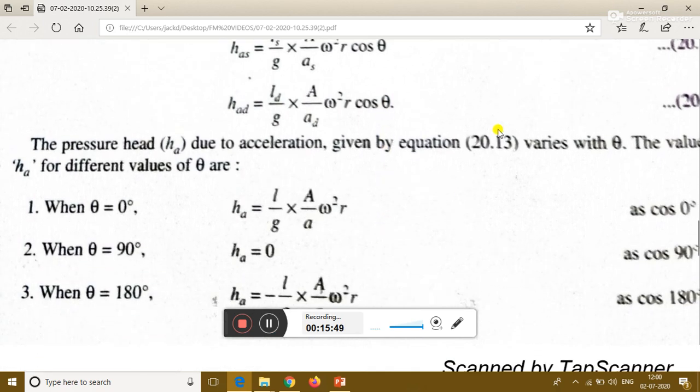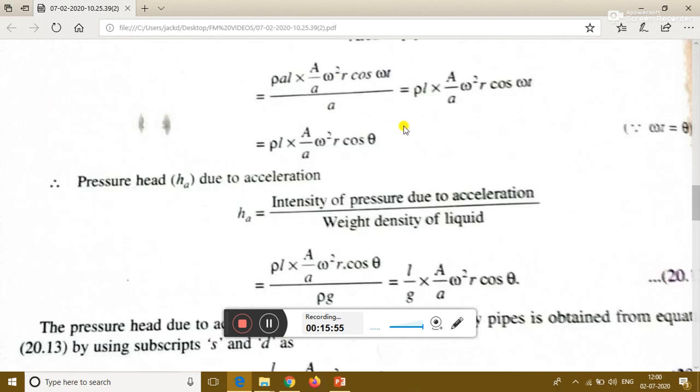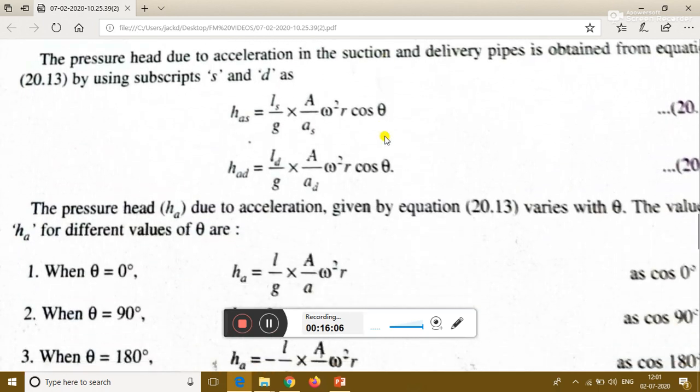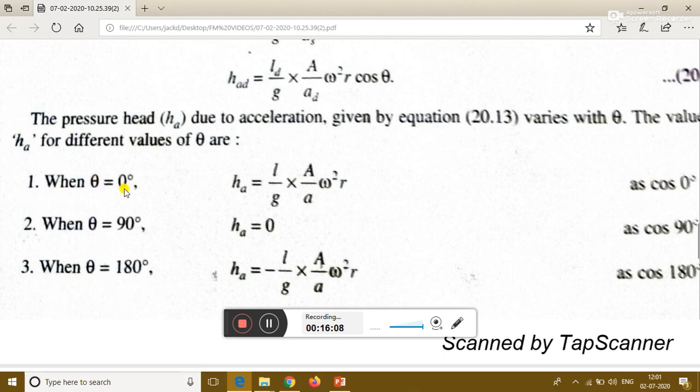Now we know that out of this, rho is constant, L is constant, A is constant, small a is constant, omega is constant, r is constant. So the variation is happening with respect to theta. When theta is equal to 0, this pressure head due to acceleration is maximum.